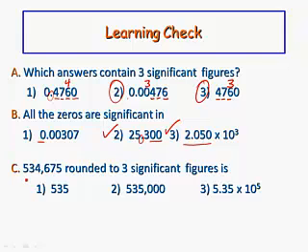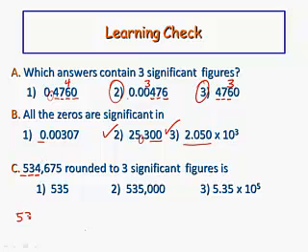Okay, 534,675 rounded to 3 significant figures is. Okay, let's look at rounding. Well, we're going to round it to 3 significant figures. We're going to start from the left and count. There's 1, 2, 3. We're going to round on the 4. Okay, the number to the right of the 4 is a 6, so that means it's going to go up.